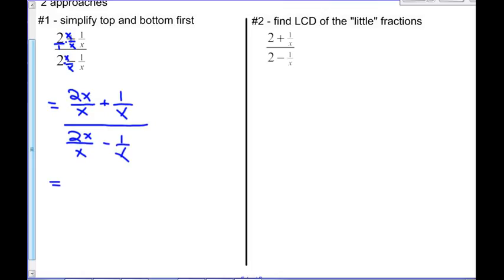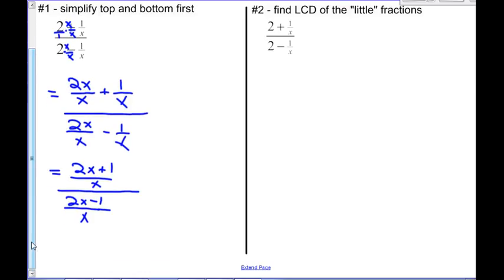Okay, we'll keep going. So that means I can combine the top, and the big fraction part's in the middle here. 2x plus 1 over x. Okay, now I can flip and multiply. And we could be dealing with restrictions here, but we're just going to ignore them for the moment because we dealt with them a lot in the last video.